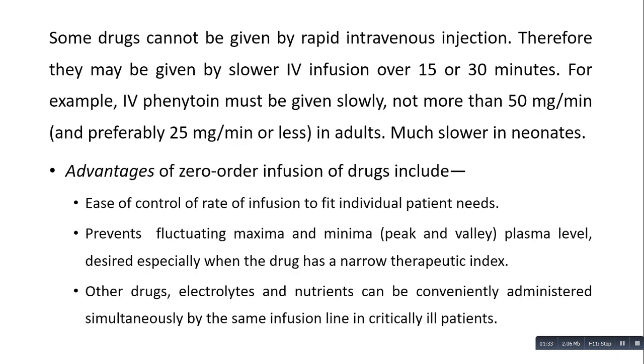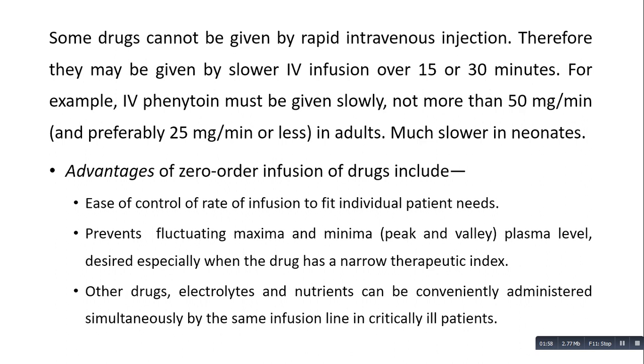You know that all the drugs cannot be given by the IV bolus injection due to several reasons, maybe the solubility, maybe the pH of the preparation, or maybe their adverse effects. So those drugs may be given by slower IV infusion over 15 to 30 minutes or more.